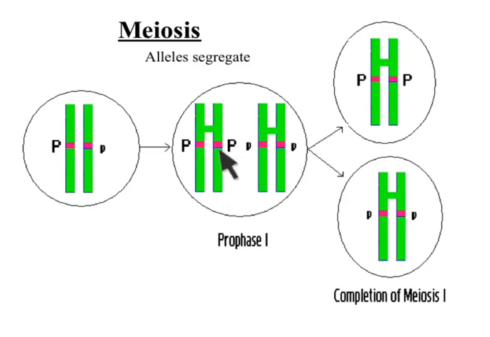So if they replicate, we have the two sister chromatids here with the dominant allele, and the two sister chromatids here with the recessive alleles. Through meiosis 1, the homologous chromosome pairs will separate into the two daughter cells.